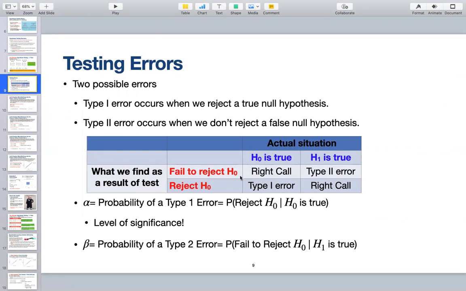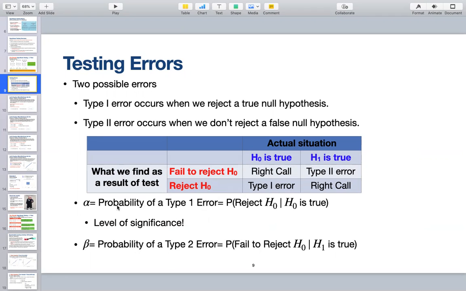If it is true, and I just rejected that claim, then I'm making a type 1 error. And if I'm not rejecting it, and the alternative is true, in this case, I'm making the right call.